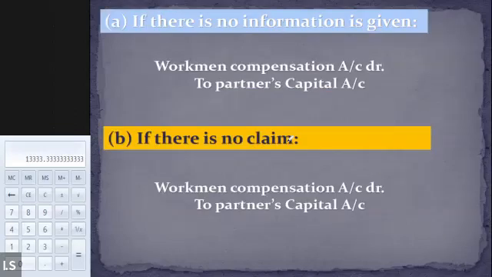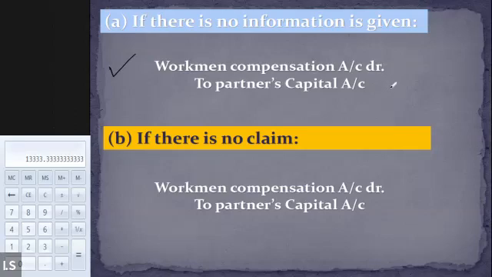Now, how are we going to deal with a situation when there is no information given in the question? So we need to pass this journal entry. If there is no information given in the question regarding the treatment of the workman compensation, then in such a situation, one journal entry is passed. The journal entry will be workman compensation account debited to the partners' capital account. That means the entire amount of workman compensation is being credited to the partners' capital account.